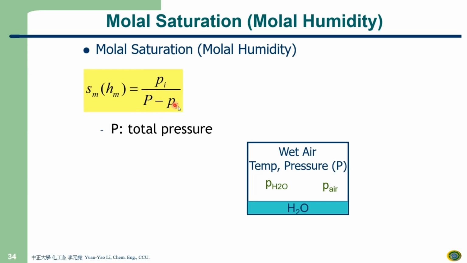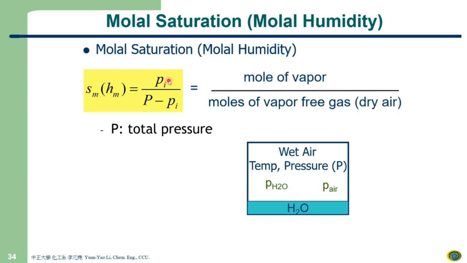Because P minus Pi, if you have only air and water, will of course be the pressure of the air. So you might say, wow, why is the pressure of the water divided by the pressure of the air equal to moles of water over moles of the vapor-free gas, dry air? Why?